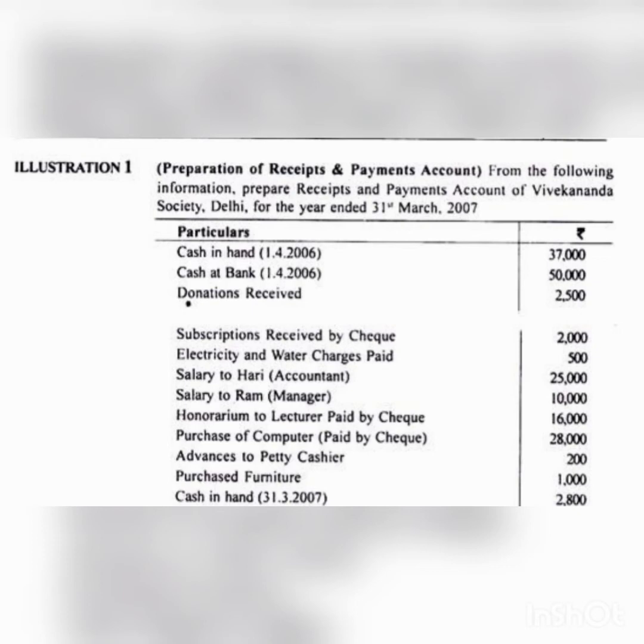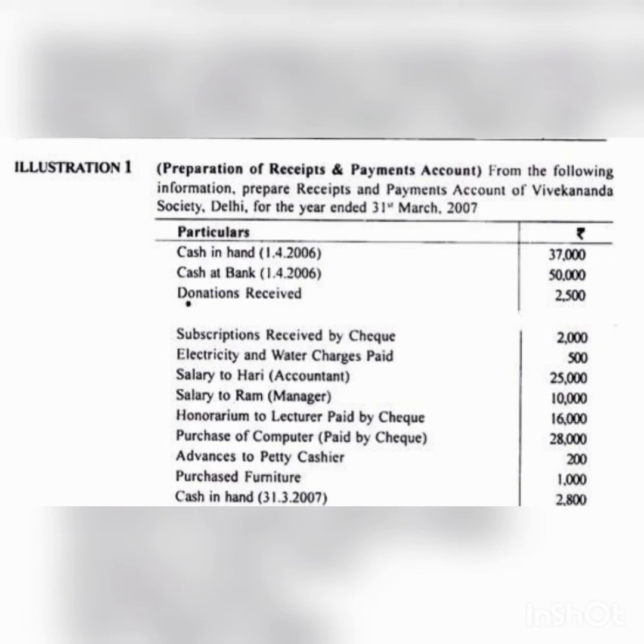Then next income is donation received. Then subscription received by check, electricity and water charges paid, salary to Hari, salary to Ram, honorarium, then purchase of computer, advance to petty cashier, purchase of furniture, cash in hand, cash at bank. Now we are going to solve this problem.